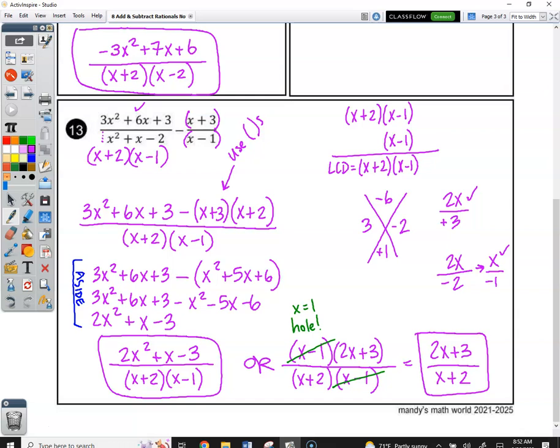Okay? And there's two ways to do that. You can factor first up here, state the hole, then find the LCD. Your LCD will be different along the way. If the hole was x minus 1, your LCD won't have the x minus 1 in it had you gone that route first. If you are still working on finding the LCD and multiplying, then just keep practicing that until you get comfortable with it to recognize if there was a hole in the beginning or not. Okay?